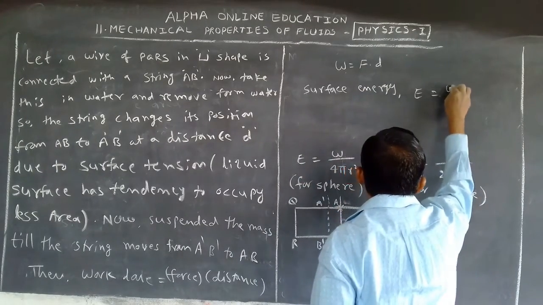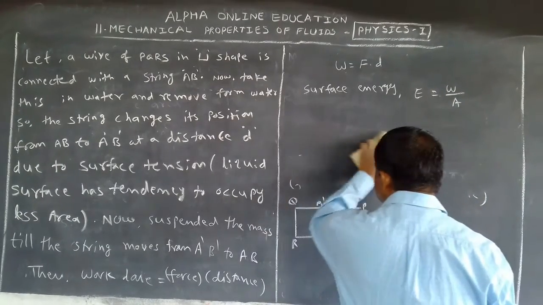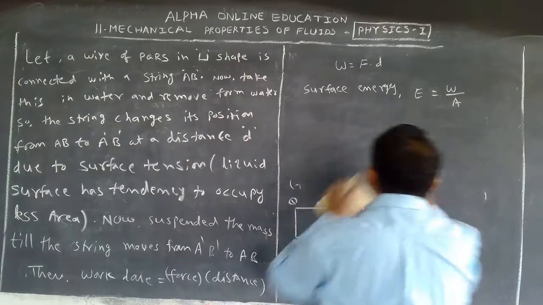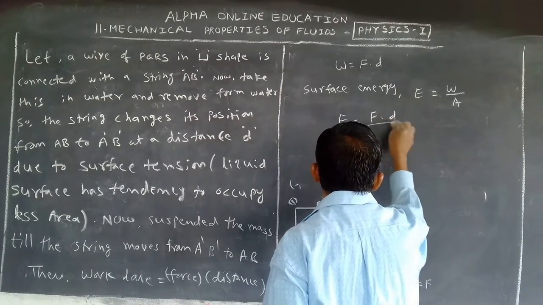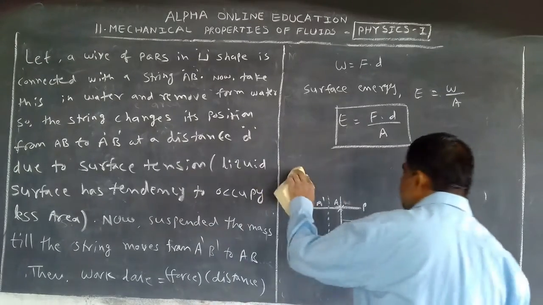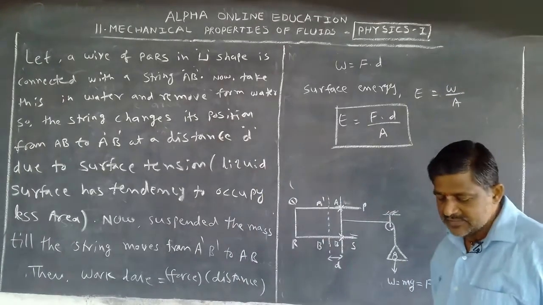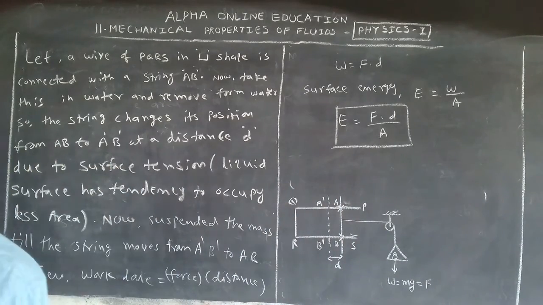E is equal to W by A. Now E is equal to F into d by A. In this way we calculate the surface energy, meaning surface tension or surface energy.